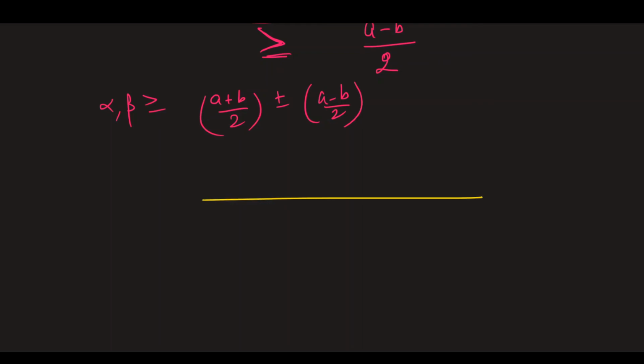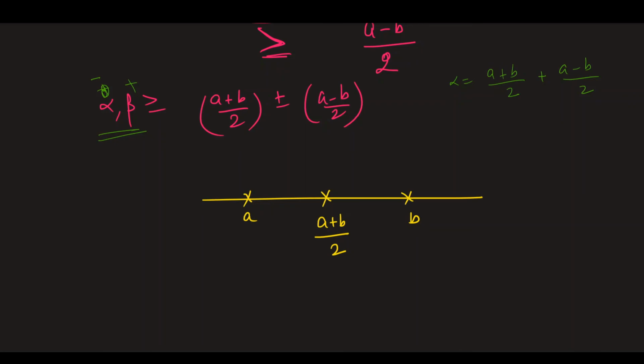Because if we draw the x axis, and here it is A, here it is B, and if we mark (A plus B) by 2, which would lie somewhere around here, then alpha comma beta being this thing suggests that alpha is the negative sign and beta is the positive sign.